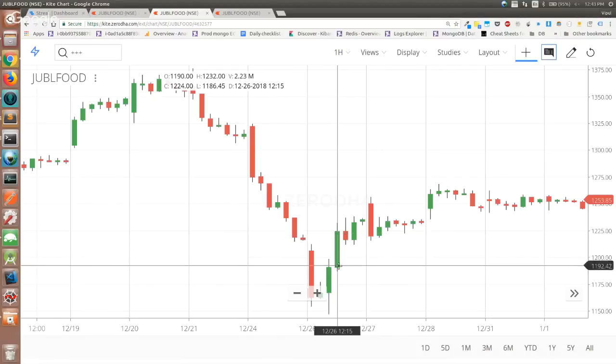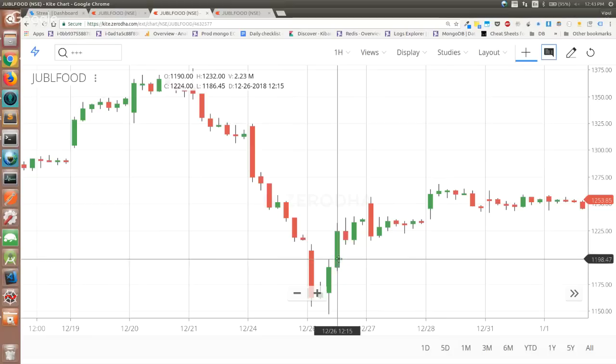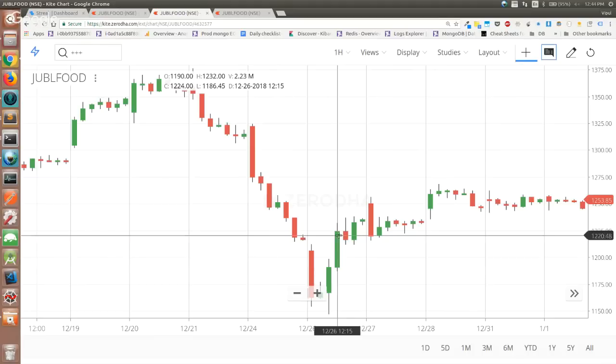What that means is whatever is the first trade that happens at the opening of this hour, which is at 12:15, if you can see at the bottom, 12:15 p.m., the first trade, at whatever price it happens in this hour, is the opening price. The last trade at which the hour ends, which is 1:15 p.m., is the close price.